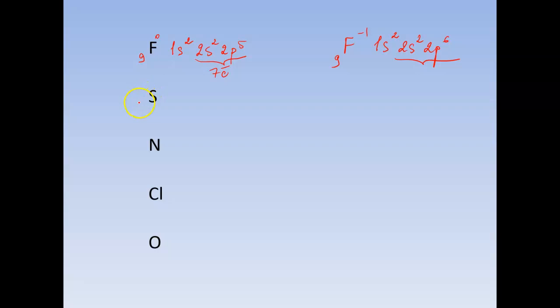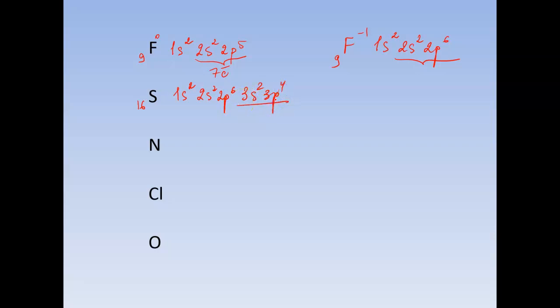For sulfur, its atomic number is 16. Let me check in the periodic table. So yes, 16, and period number 3, that means the electron configuration will be 1s2, 2s2, 2p6, 3s2, and 3p4.